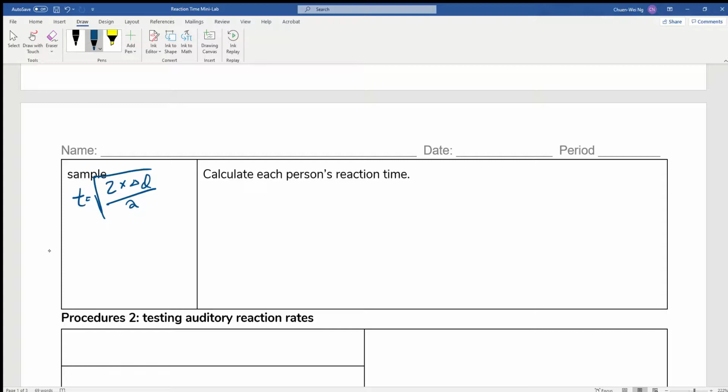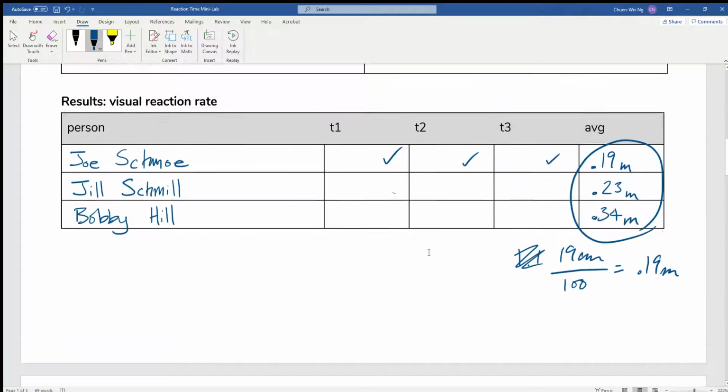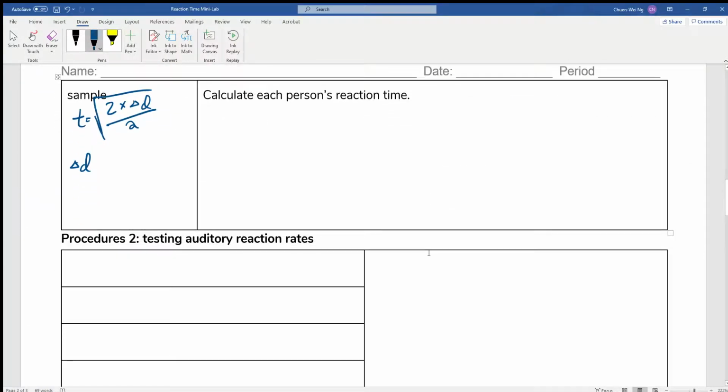So let's plug this in. Let's try to figure out what we have here, right? Our delta D for Joe Schmo is 0.19 meters, and our acceleration is the acceleration of gravity, 9.8 meters a second squared. I'm going to use this space, but you should be able to fill it into the sample data.